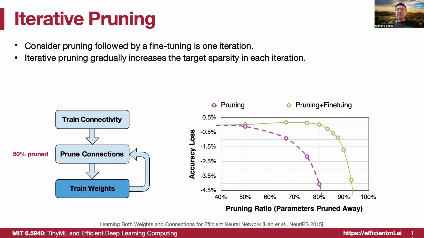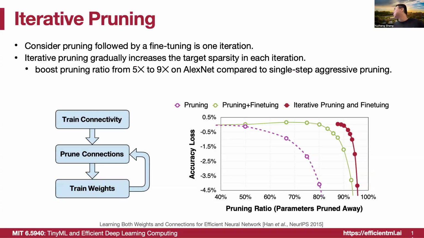And for the third iteration, we can get further, right? We can prune 70% of the weights out, and then we retrain the weights, and finally we can get a pruned neural network with a high pruning ratio, but the performance is still very good, like this line.